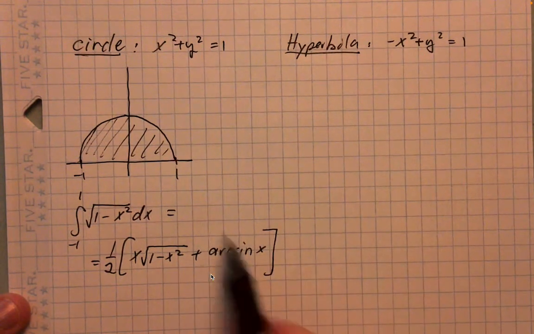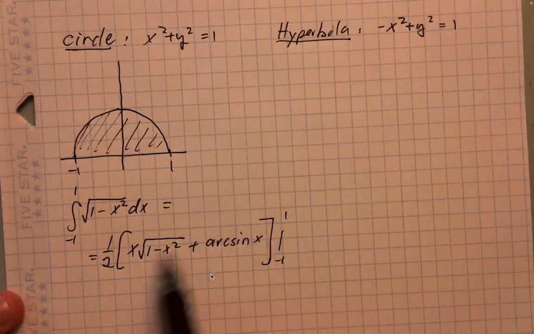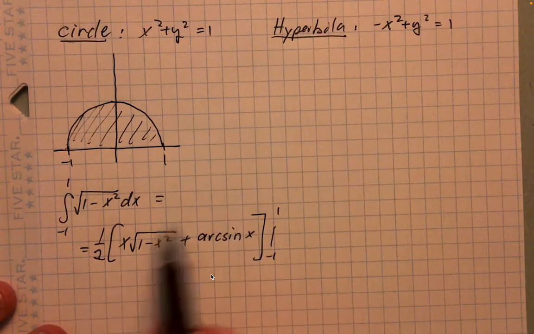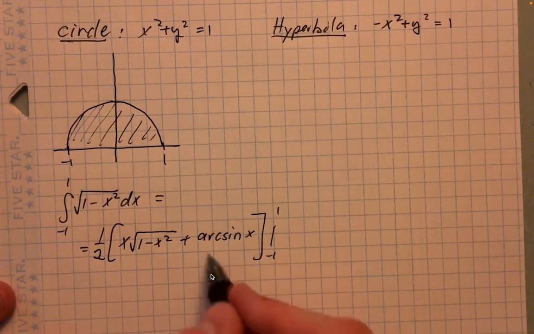So the inverse sine is in this. So this is basically the form of the antiderivative of the square root of 1 minus x squared, and you can see that it's got this arc sine in it.